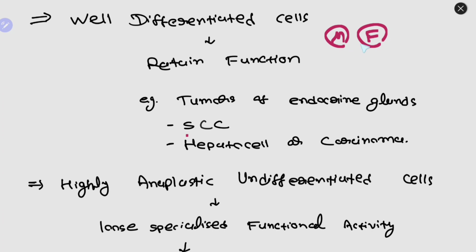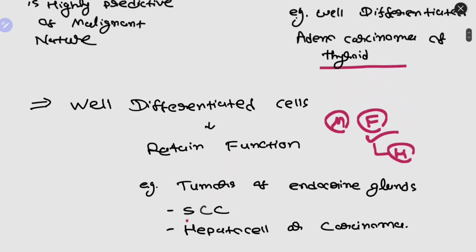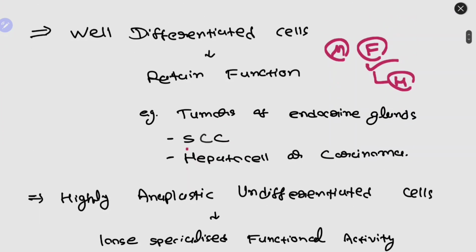As it retains its function, it would be secreting hormones, and if some hormone increases in our blood, it would cause problems, obviously. But the other thing about these tumors is that we can measure the level of hormones in the blood. So we can check the treatment response and growth of the tumor by the level of hormones in our blood.